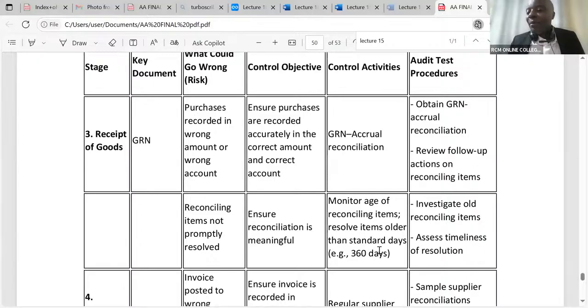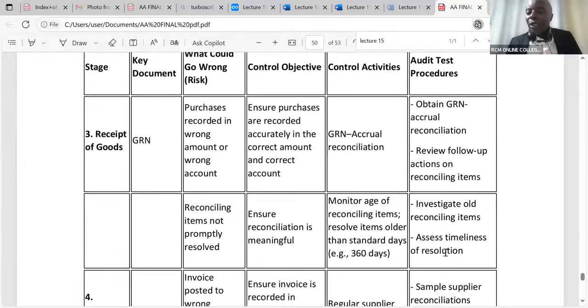Then as an auditor, what will I be doing myself when I'm called to look at this risk and the controls that we have? I will investigate all old non-reconciling items and assess timeliness of resolution.